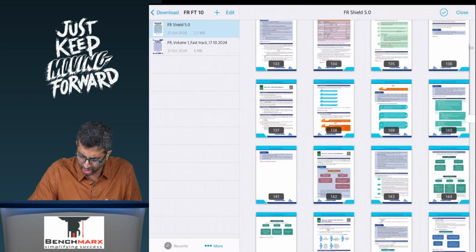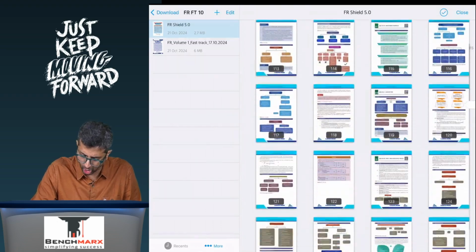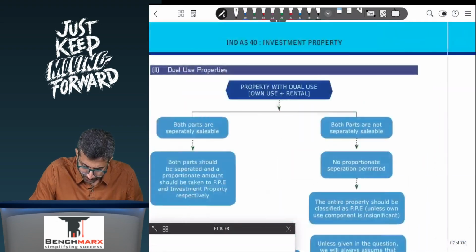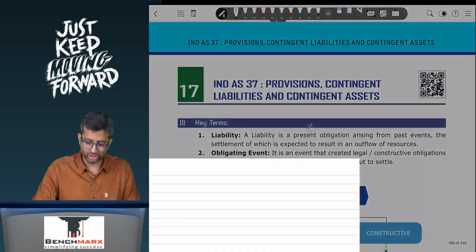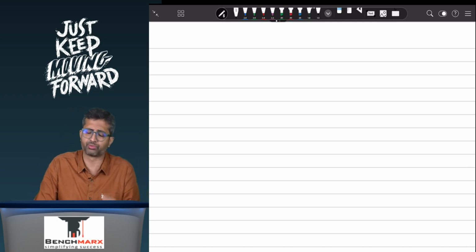What do you mean by a legal obligation? A legal obligation is an obligation which either arises due to a law or due to a contract. Like, for example, keep aside the provision for site restoration.